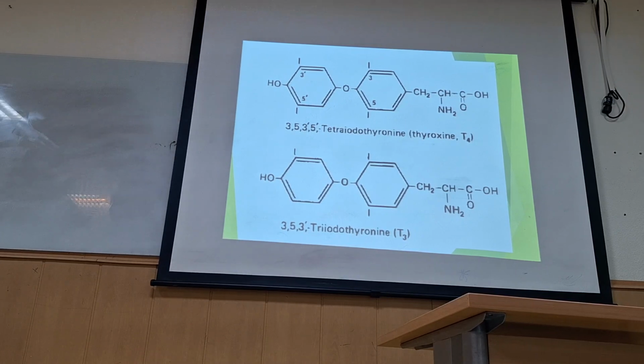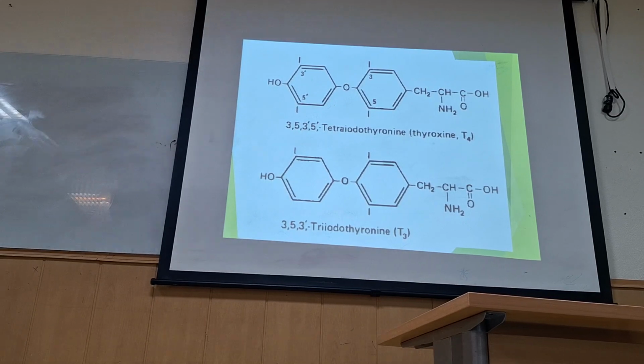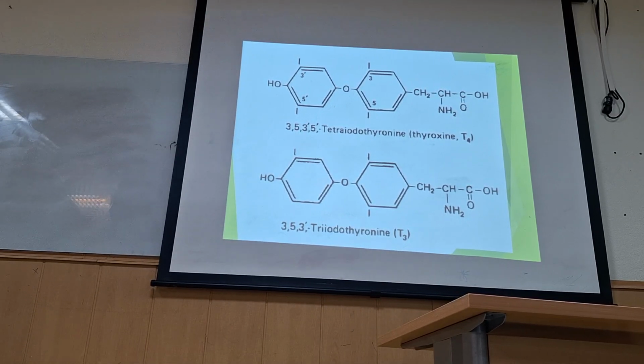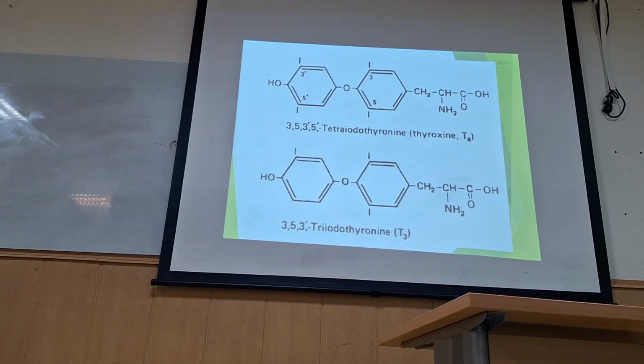Okay, very good. Protein or peptide hormones, amino acid hormones, and steroid hormones. Okay? Most hormones in our body are peptide or protein hormones, such as insulin, glucagon, growth hormone, and so on.